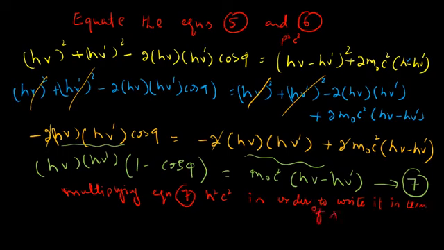Why do we want to write it in terms of lambda? Because we need to find the shift in wavelength instead of frequency. So we need to write it in terms of wavelength. So we are going to divide the whole equation, sorry, not multiply but divide the whole equation by the quantity h square c square.